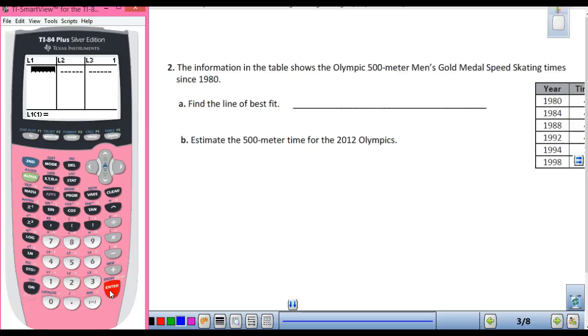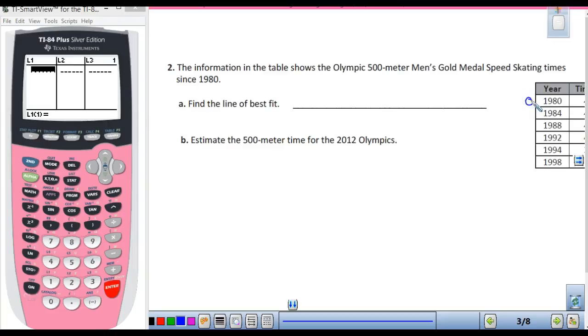Decent? All right, so now when we're talking years, it's going to be a little bit different when we're entering it in, because it's going to be super hard to enter 1980, 1984, 1988, 1992. So we always start with the first year, we start with 0. So 1980 is going to be 0.